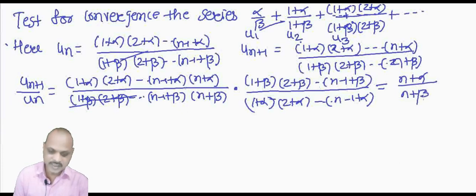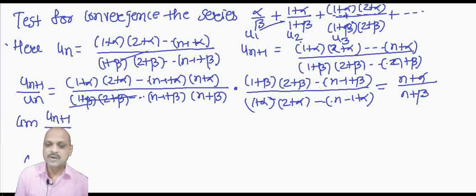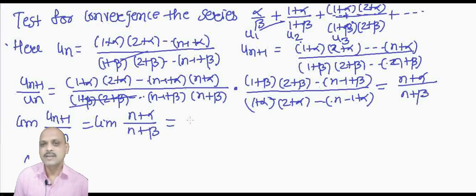Now let us take the limit of un plus 1 divided by un, equal to the limit of n plus alpha divided by n plus beta. Dividing numerator and denominator by n, we get the limit of 1 plus alpha divided by n, divided by 1 plus beta divided by n.